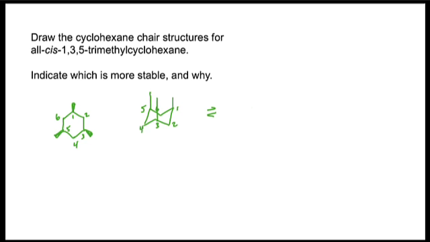And the ring flipped structure is going to have those substituents in the equatorial position. So if that's carbon 1, 2, 3, 4, 5, and 6, then I've got upward equatorial on carbon 3 and upward equatorial on carbon 5.